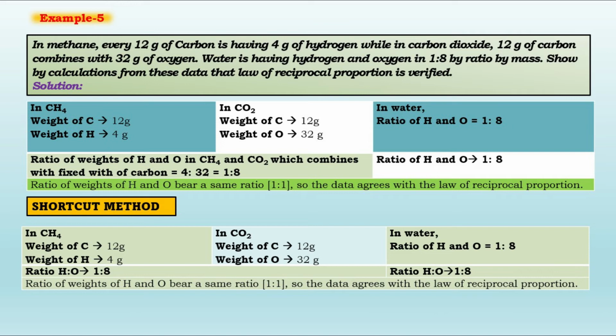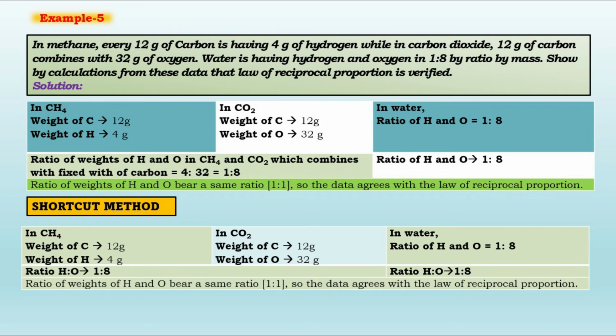Now here in methane, weight of carbon is equal to 12 gram and weight of hydrogen is equal to 4 gram. And in carbon dioxide, weight of carbon is equal to 12 gram and weight of oxygen is equal to 32 gram. So in these two compounds, the ratio of weight of hydrogen and oxygen which combine with the fixed weight of carbon is 4:32, that is equal to 1:8.